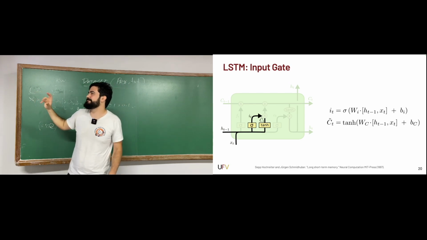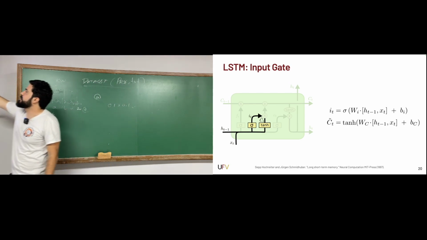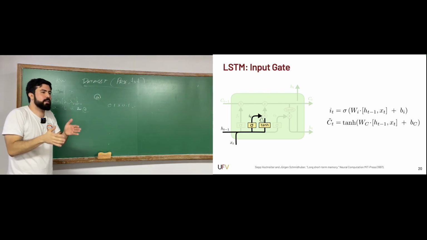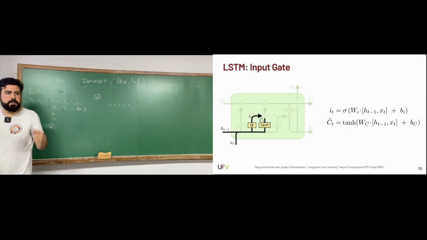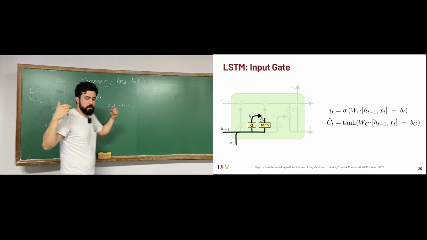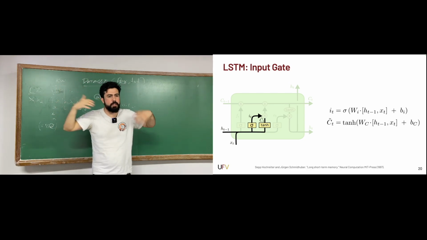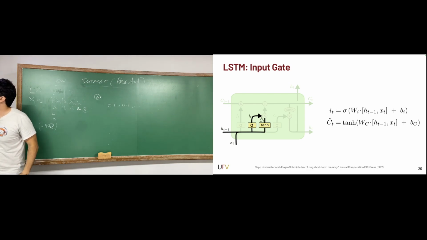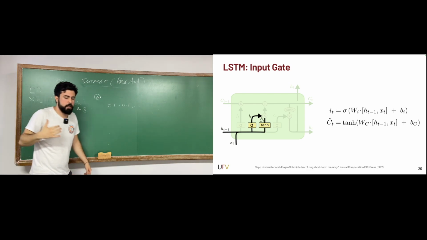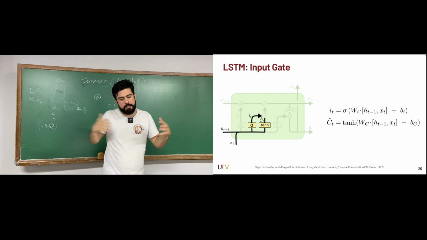The sigmoid here is there because I want these values to be from 0 to 1. The tanh here is because it helps flow the gradients. So here is a nonlinearity that back then was a good choice for learning large sequences.